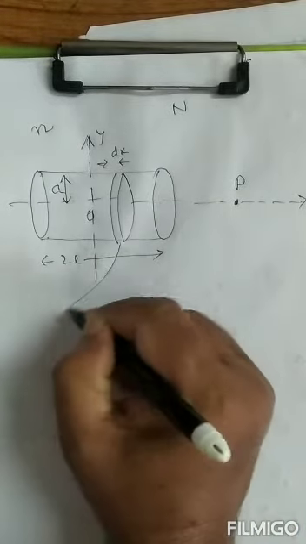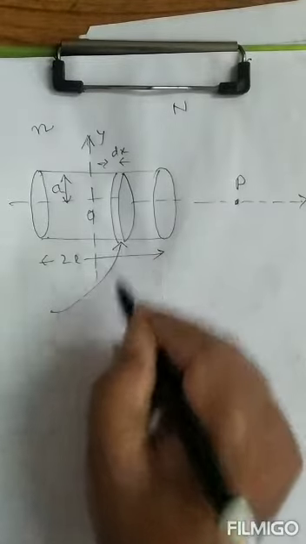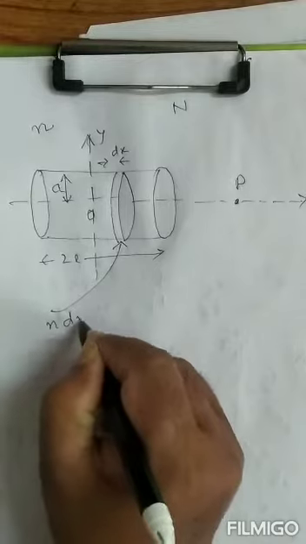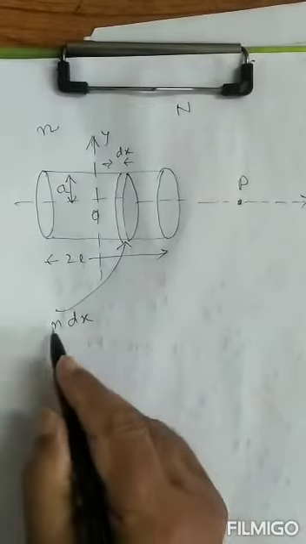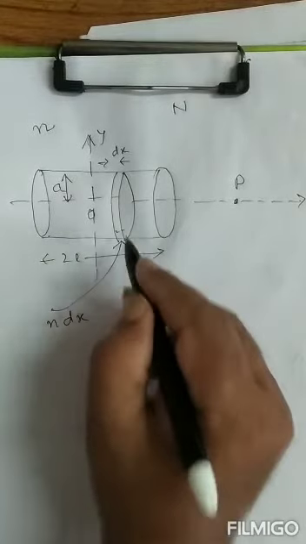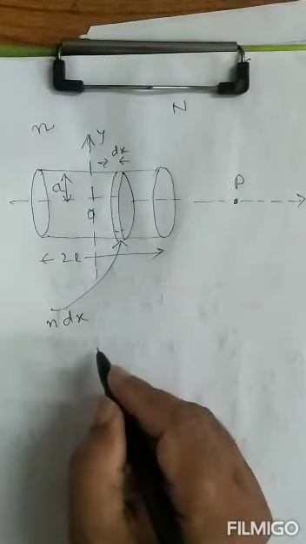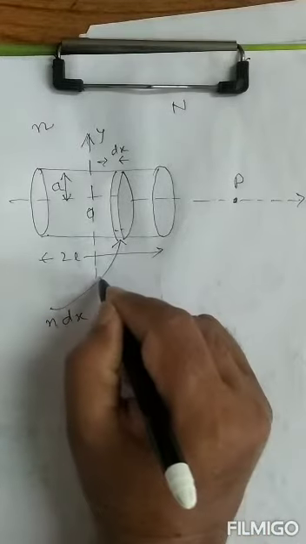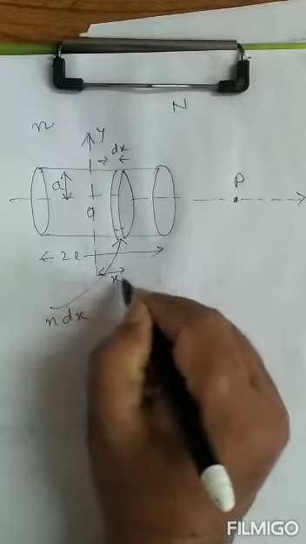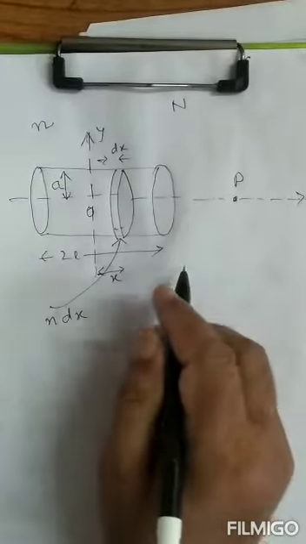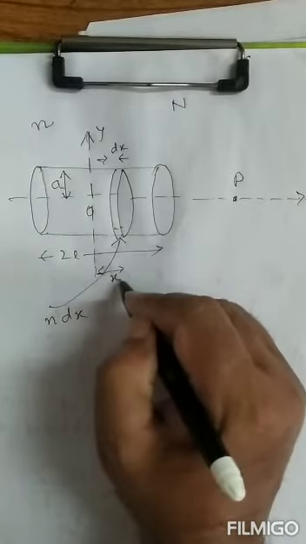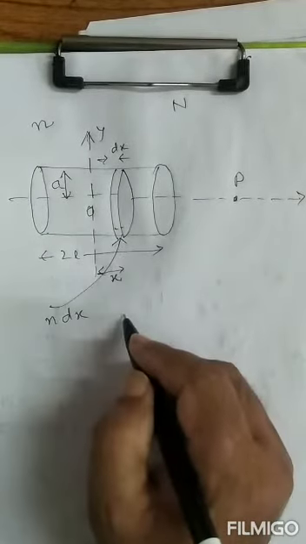Now what is the total number of turns in this particular small circular coil? n is the number of turns per unit length, dx is the length. Therefore the total number of turns of this circular coil is n into dx. Let this particular circular coil be taken at a distance x from the center of the solenoid.